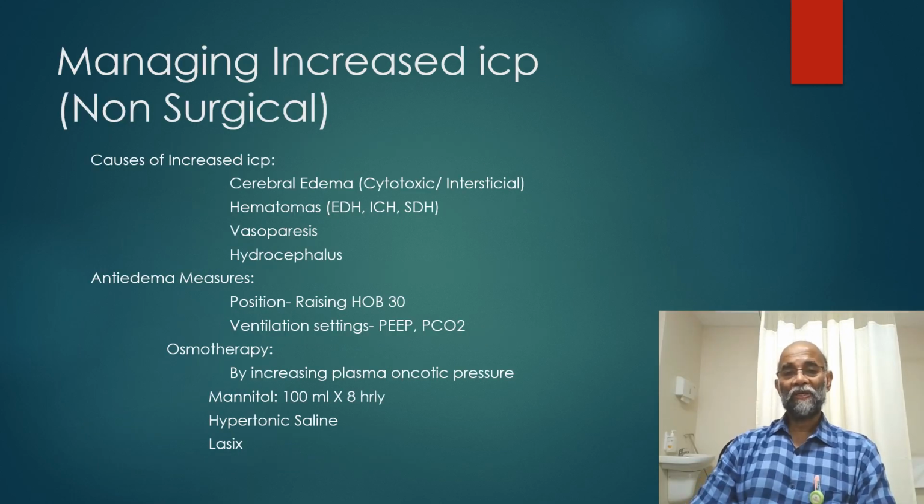Management of increased intracranial pressure, or even prevention of a rise of intracranial pressure, should be started early. There are many causes of increased intracranial pressure after a head injury. Cerebral edema may be both cellular edema and interstitial edema.